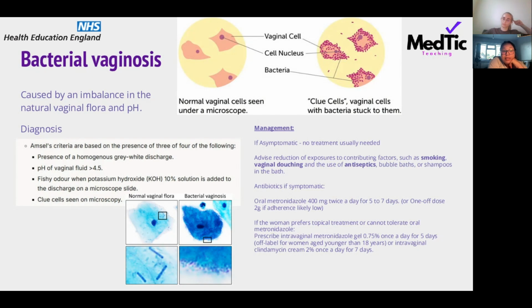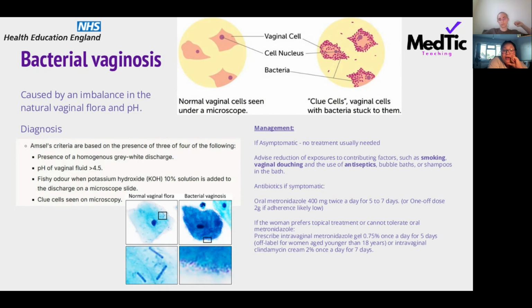If a patient is symptomatic, that's when you would offer antibiotics such as metronidazole, like we've already discussed. And there is an option. If a woman prefers not to take metronidazole, but would rather take a topical treatment, or for whatever reason they can't tolerate the oral antibiotic, you can prescribe intravaginal metronidazole gel once a day for 5 days.